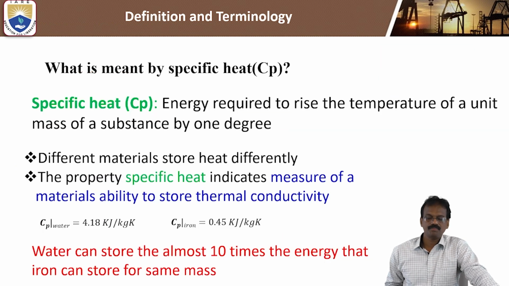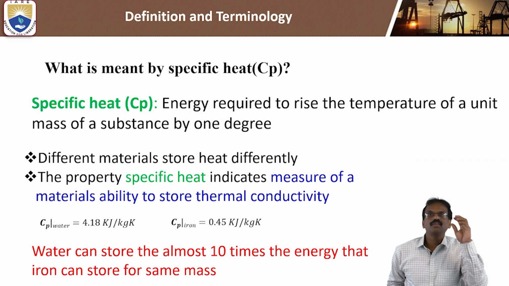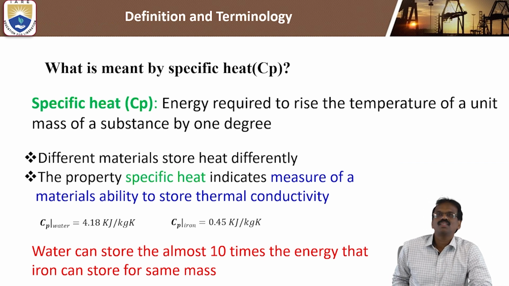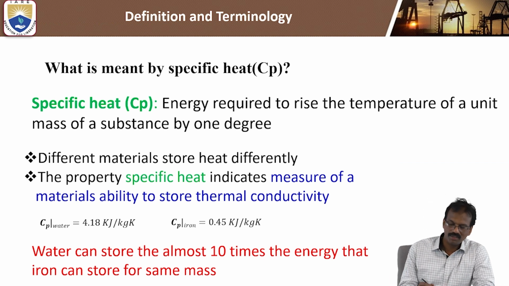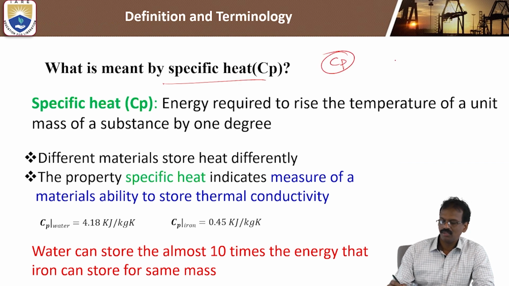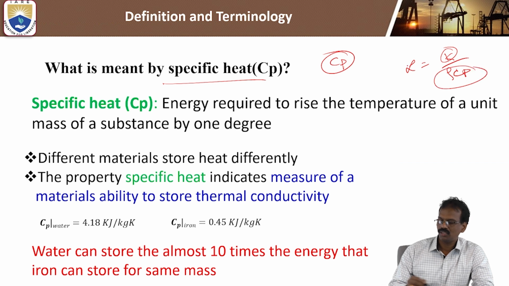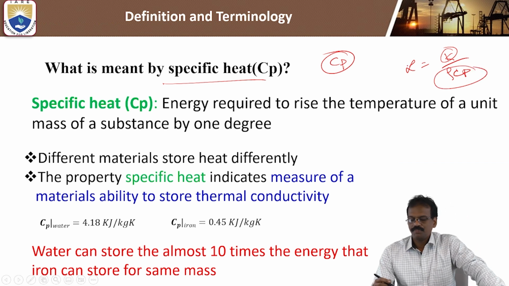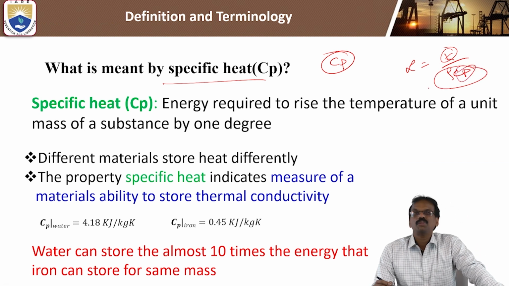The next one is specific heat. What is meant by specific heat? We already saw that thermal diffusivity alpha is equal to k by rho Cp. Here k is the thermal conductivity, rho Cp is the stored energy with respect to volume, and Cp is the specific heat.